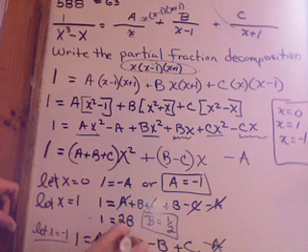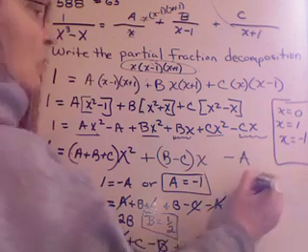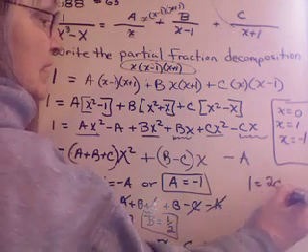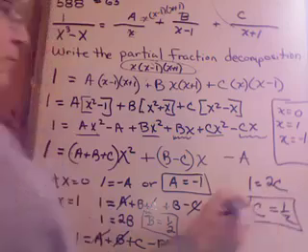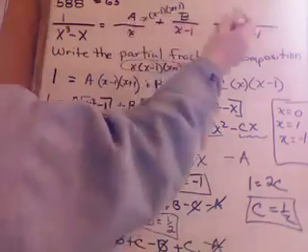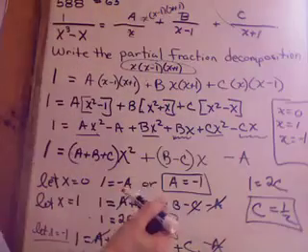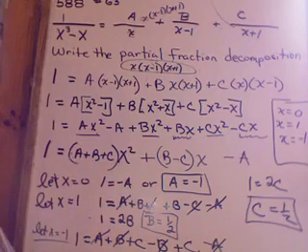The a's cancel, the b's cancel, so I get 1 equals 2c, so c equals 1/2. So for my partial fraction decomposition, I now have the a, the b, and the c. So I can just plug them in. Let me clean up the board and I'll show you what that looks like.